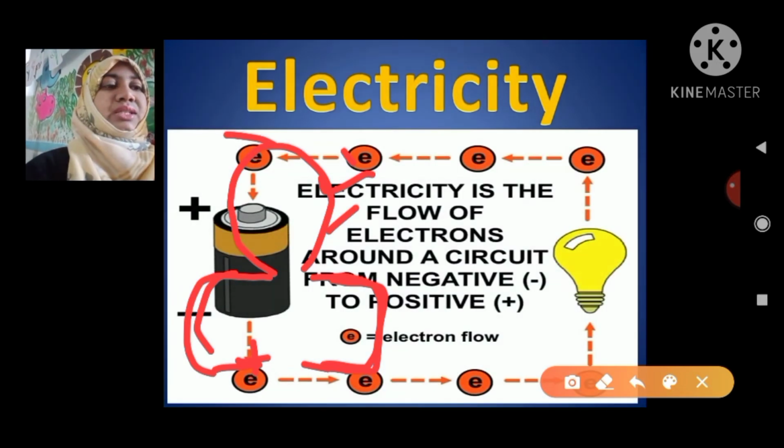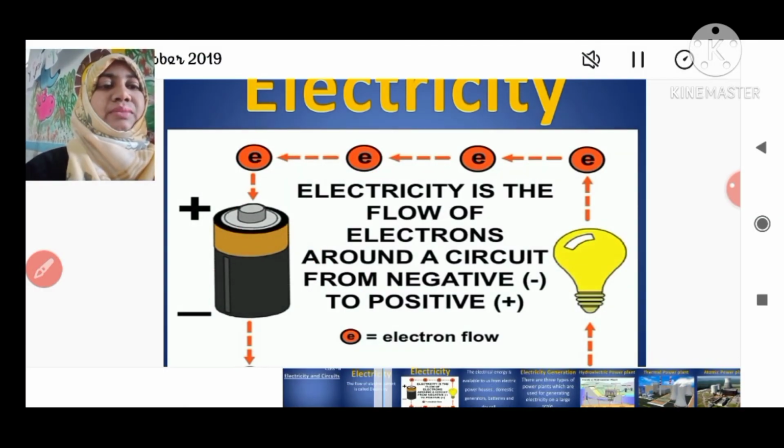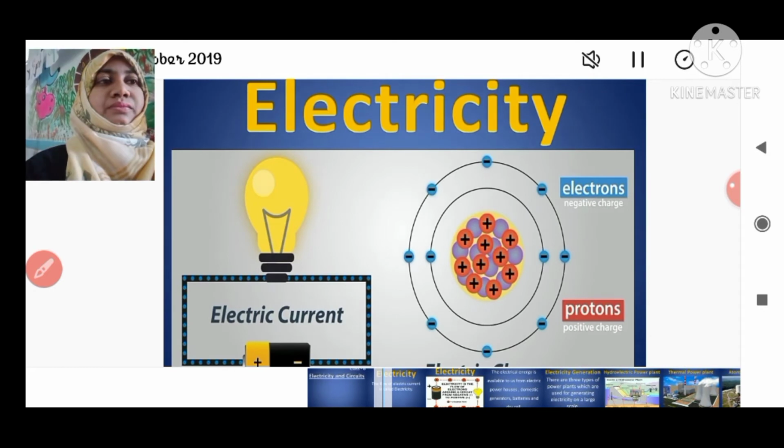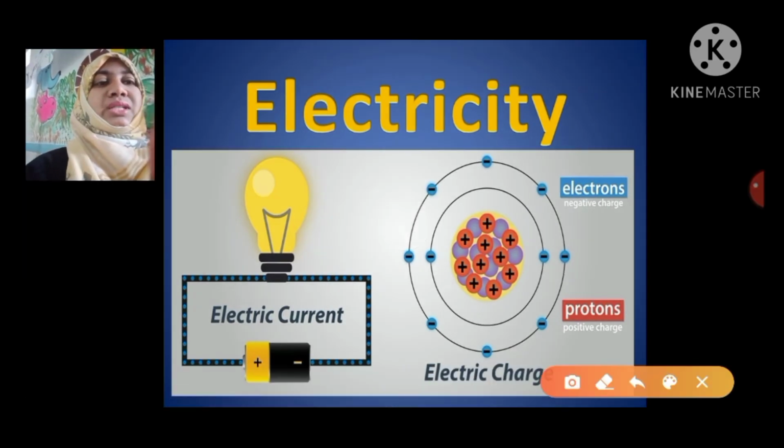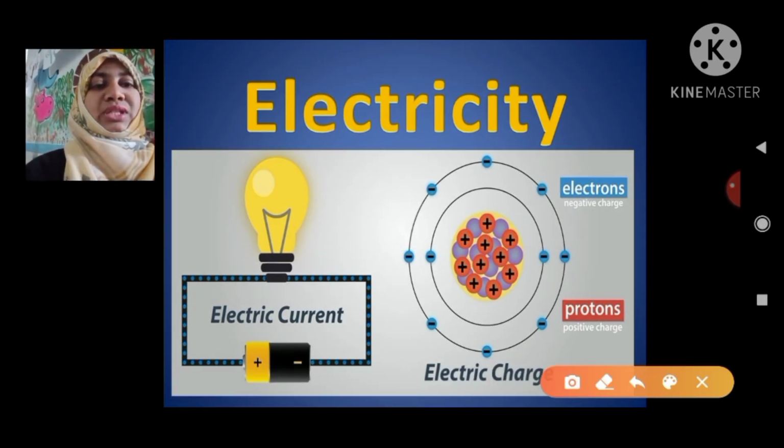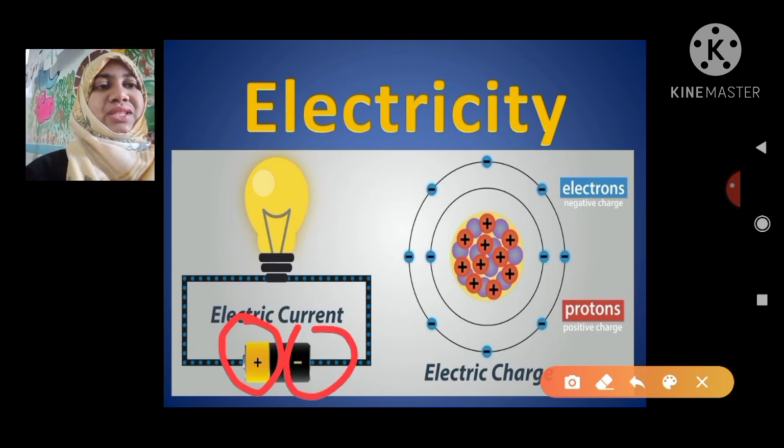Okay, so let me take you a bit back here. What I told you, I used the words positive and negative. So what is the positive? See, this is the nucleus.